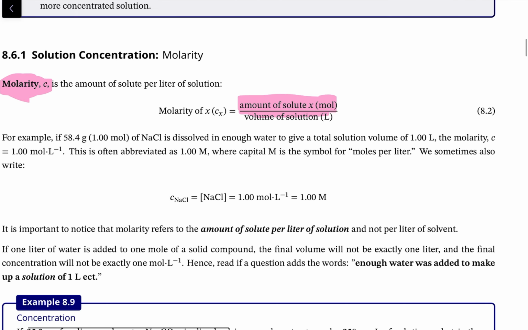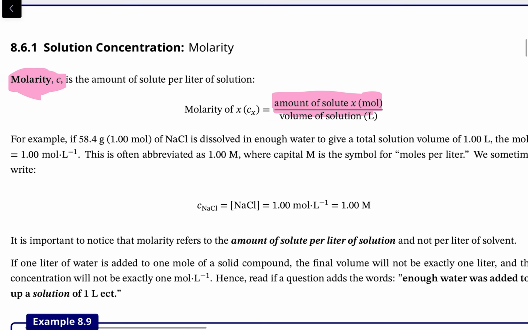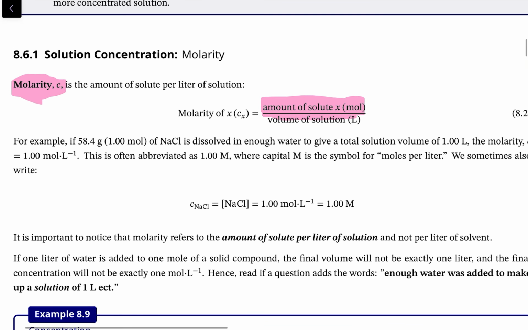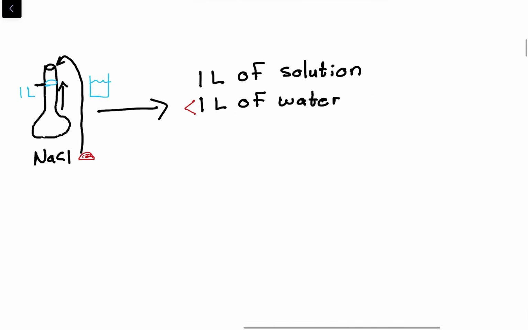And this is why it's a very subtle definition of what concentration is, molarity C. It says it's the amount of solute, so that's your number of mole of your sodium chloride, so your powder, divided by the volume of solution. So in other words, yes, you're going to use this value. You're going to say 1 liter, so you're not really concerned about how much water you added.